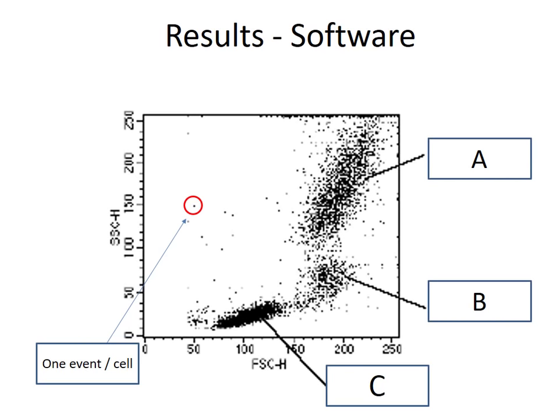So for instance, if I pick this cell here, I know that it has a high side scatter and a high forward scatter. Whereas if I pick this cell, it has a low forward scatter and a low side scatter. And based on those characteristics alone, I can get an indication of what blood cell it might be. Okay?